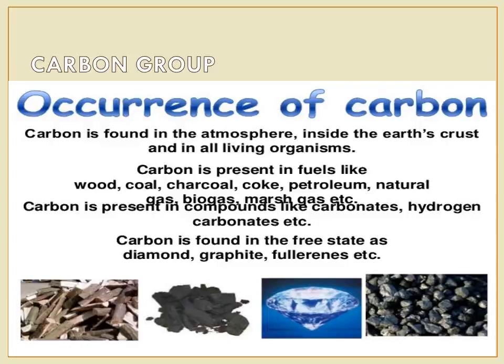In the free state, carbon is found in diamond. Diamond, have you seen diamond? In diamond, in coal, in graphite. What is graphite? In a pencil there is one black needle, that is made up of graphite. So in all these things there is carbon.